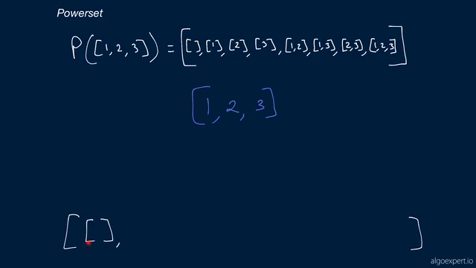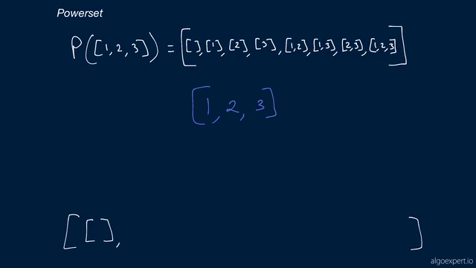So you can initialize this subsets array to hold the empty set. And then you can loop through your array of numbers, and start generating new sets based on whatever subsets you have here, and add them to the subsets array.